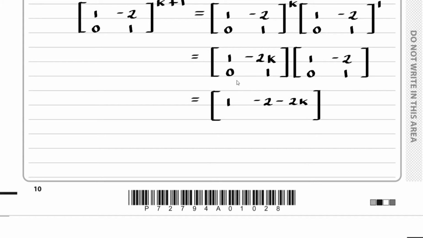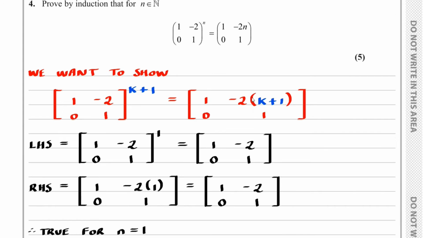Then we have 0 times by 1 plus 1 times by 0, that's just 0. And then we have 0 multiplied by negative 2 plus 1 times by 1, which is 1. And if we take a look at what we have here and compare it with what we mentioned earlier, that is the result we want to show, where we have (1, negative 2 lots of k plus 1; 0, 1).